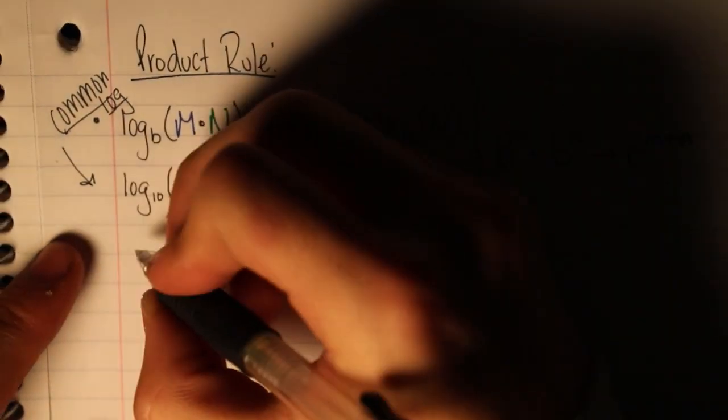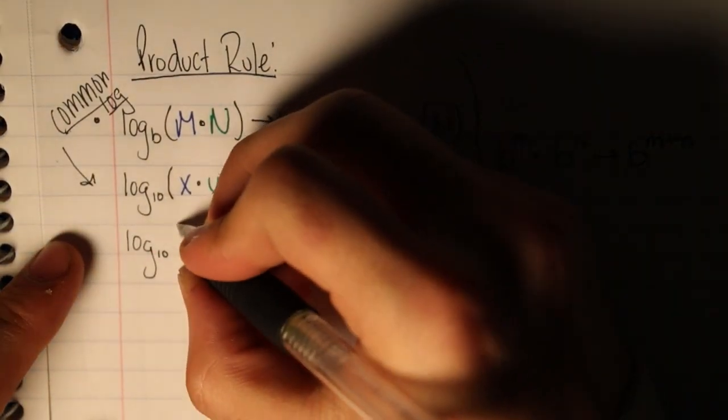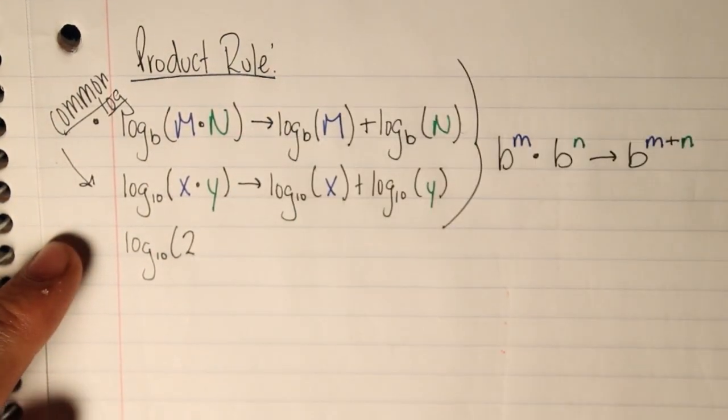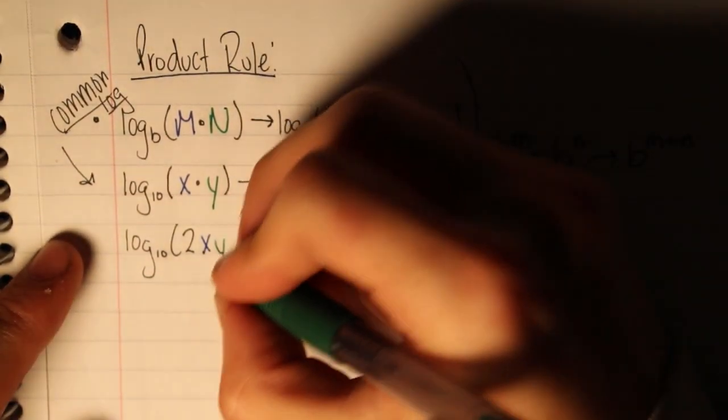And if we were to have three things being multiplied, we'll keep with the log base 10. Let's say we have 2 times x times y.